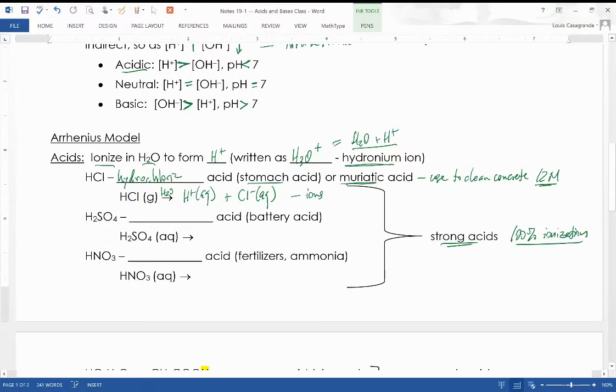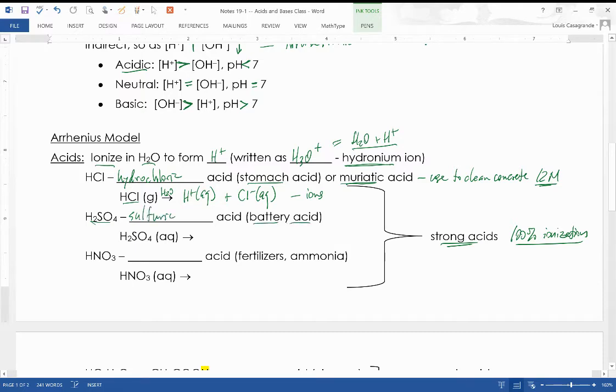So strong acids ionize 100%. In other words, every HCl splits apart to make an H+ and a Cl-. This next one, do you remember the name? It's got sulfate in it, and there's an O, so it's no hydro, and so we take sulfate and make sulfuric out of it. Sulfuric acid.